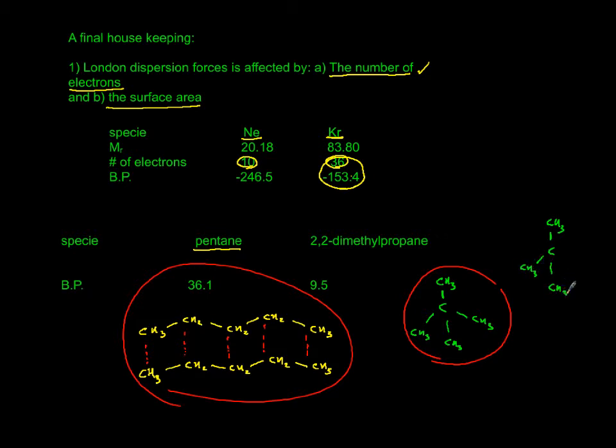So the two molecules just have affinity here, and due to the smaller surface area, this one will have a lower boiling point. So sometimes your argument should be in regard to surface area and its reduction of London dispersion forces.